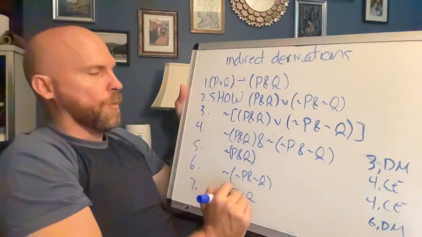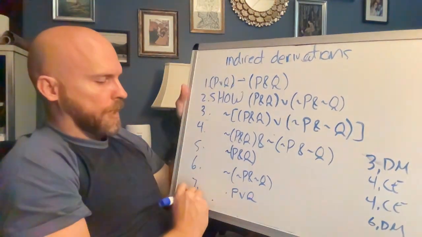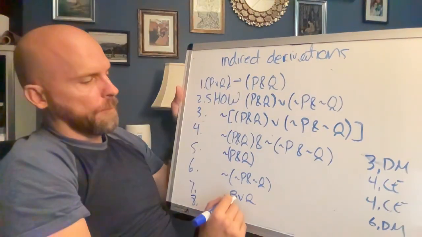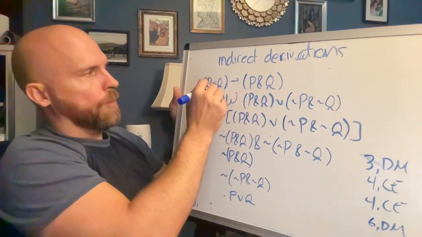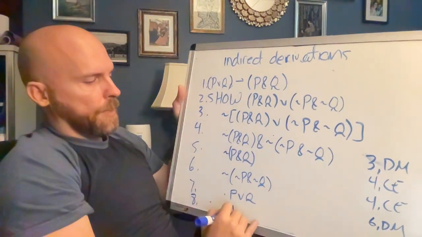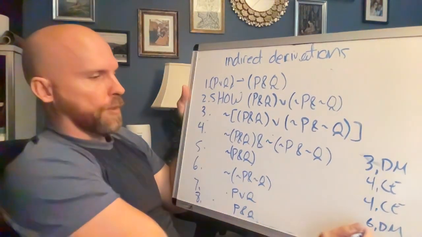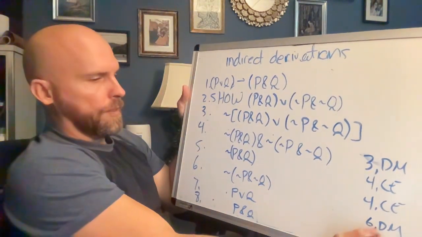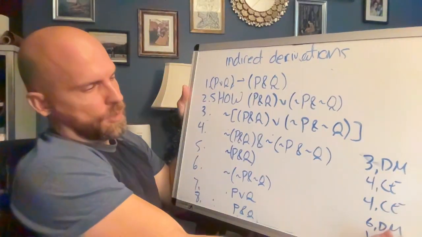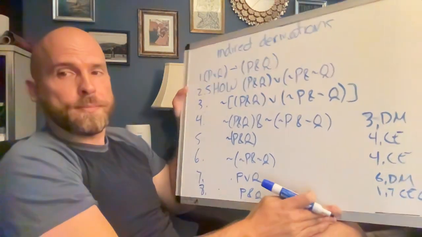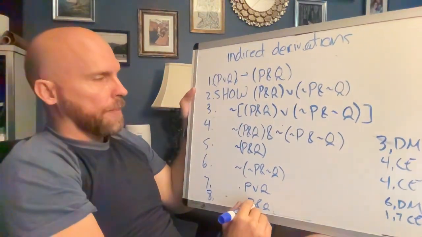I have P or Q. On line 8, I know that if I combine P or Q with line 1, then I can get P and Q. So far so good. So that's 1 and 7 conditional elimination. And now I've gotten P and Q.